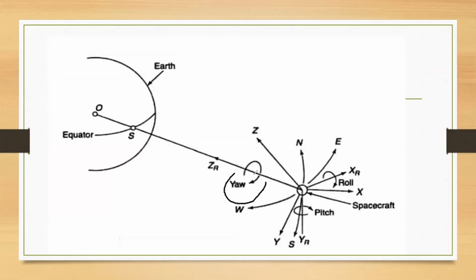Yaw is the direction from the center of the satellite to the center of the Earth. Roll is a direction tangential to the orbital plane, and pitch is a direction perpendicular to the orbital plane. Instead of x, y, z, which is just shown to tell you that they are not what you have been using on the ground.